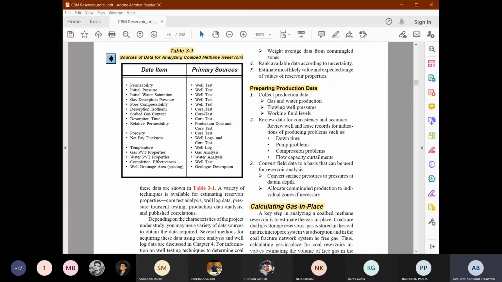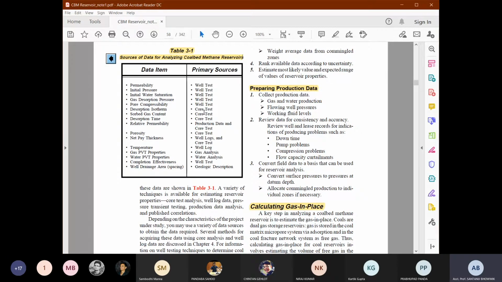Next is the relative permeability. Relative permeability, as you know, whenever the term relative permeability comes, the relative means there are different phases. Okay, so there is not only a water phase, there is also a gas phase, or there is not only a gas phase, there is also some water phase possible, and that's why how the molecules of the gases are behaving and competing with the water molecules.